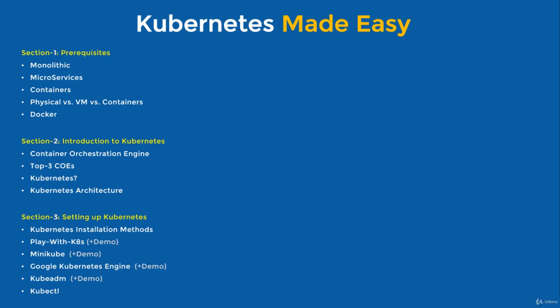Then, coming to section 4, we'll discuss one of the most frequently used terms in Kubernetes, and that is pod. In this section, we'll discuss what a pod is, why we use it, how pods communicate, and how to use it. After that, in section 5, we will focus on configuring pods using config maps and secrets.